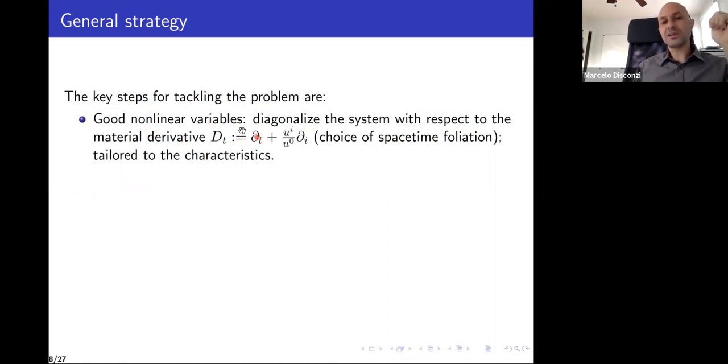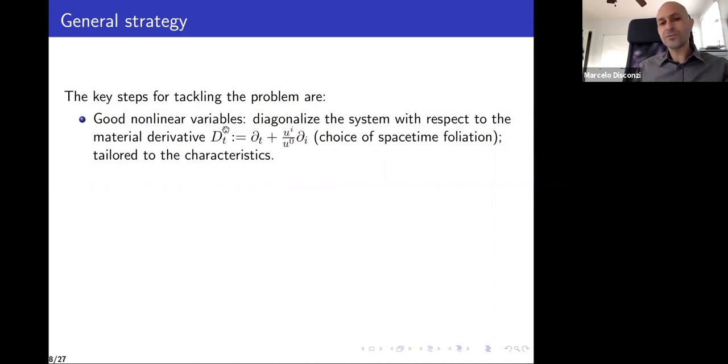The material derivative is this vector field, which is the time derivative plus the derivative in the direction of the spatial part of the velocity, with a suitable normalization where you divide by the zero component of the velocity. Remember, the velocity has 4 components, and i represents a Latin index. Latin indices range from 1 to 3, which denote the spatial components of the velocity.